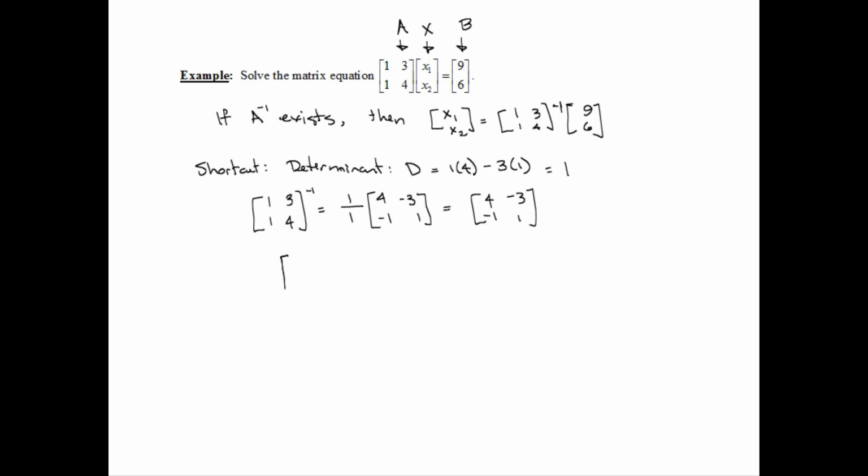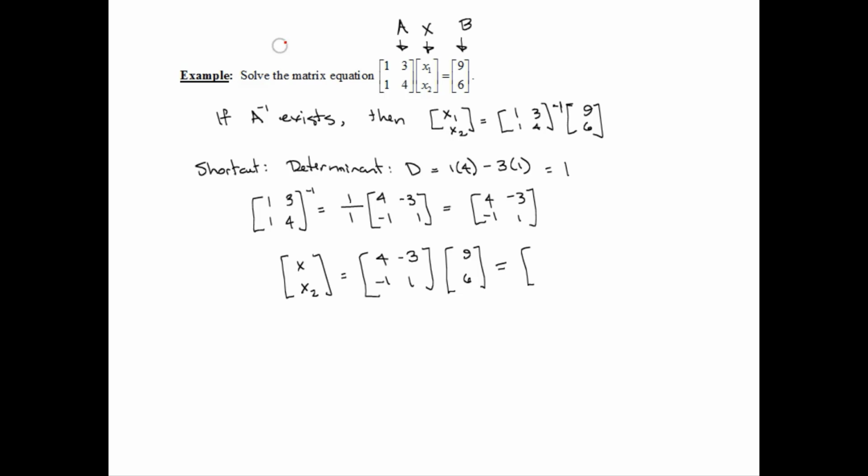So then my x1, x2 column matrix is equal to, here's my inverse, times that right-hand column matrix B. So when I multiply this, first of all, what are my sizes?